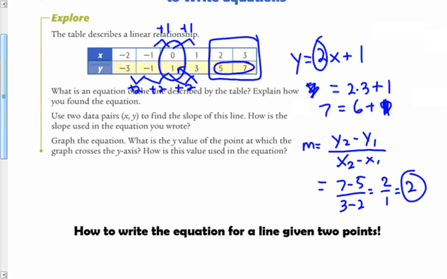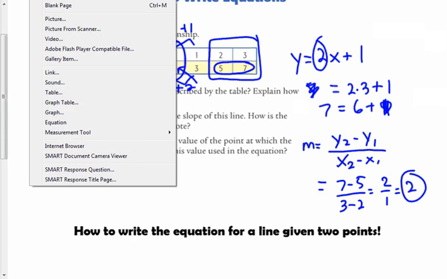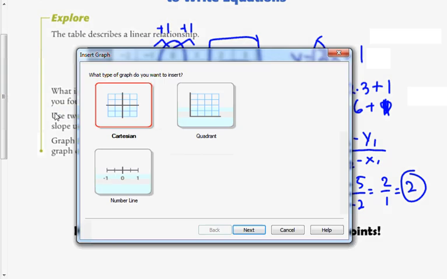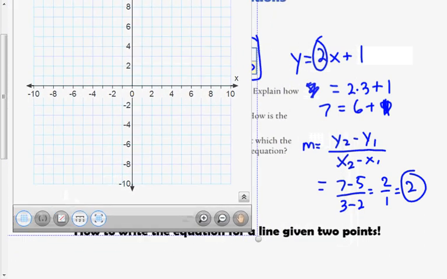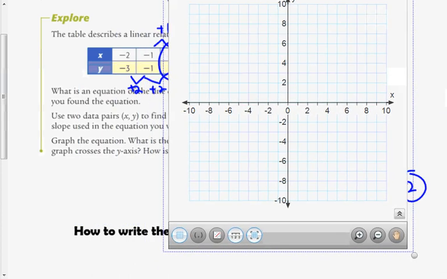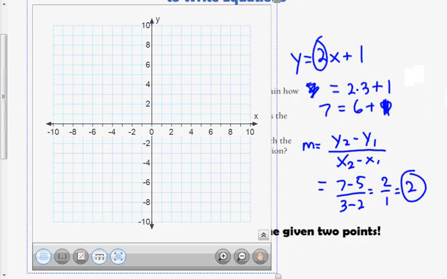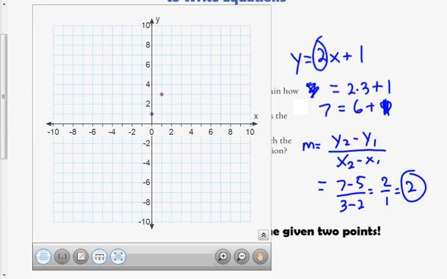And if I graph this equation, I'll do that real quick here. So here's a graph, and if I graph that equation or those values, I get points like right there, and then my slope is 2, so they constantly go up by 2.